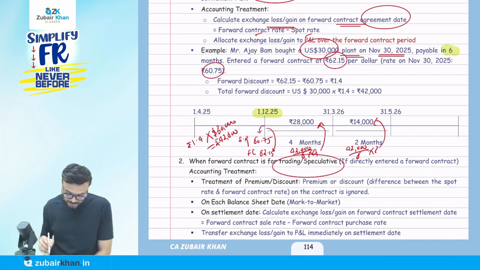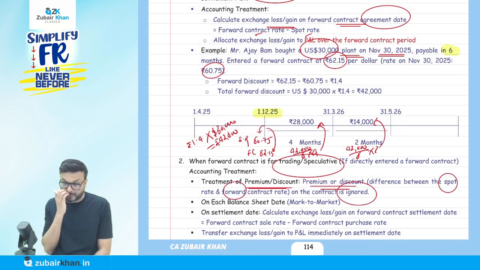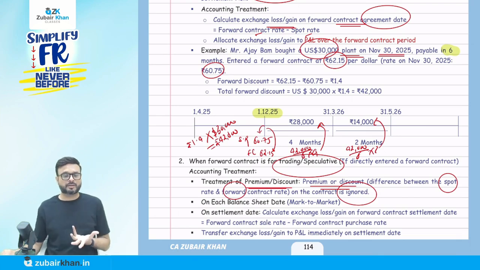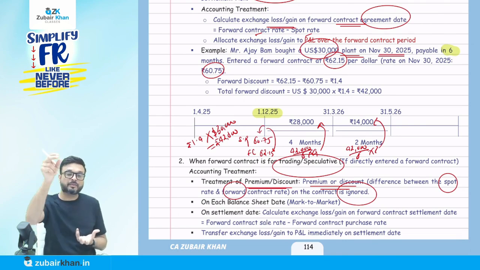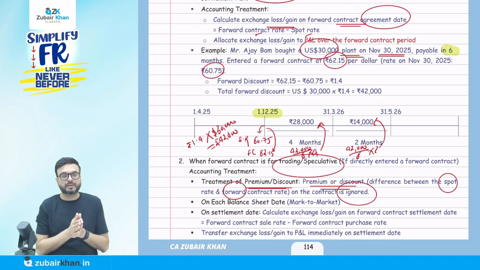So they say the treatment for the premium or discount, the difference between the spot rate and the forward rate on the contract, is ignored. Why ignore that here? Because today we enter the forward rate, but settlement will be done later. Let's take an example: suppose today is 1st of February, and the year is going to end on some later date.